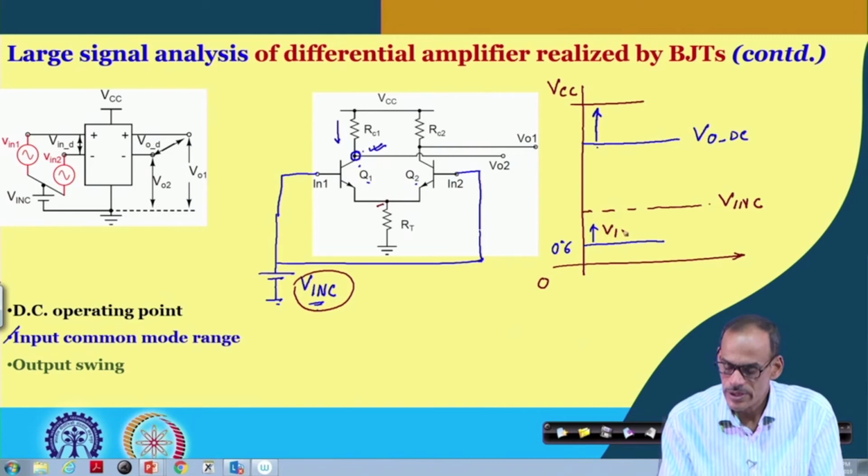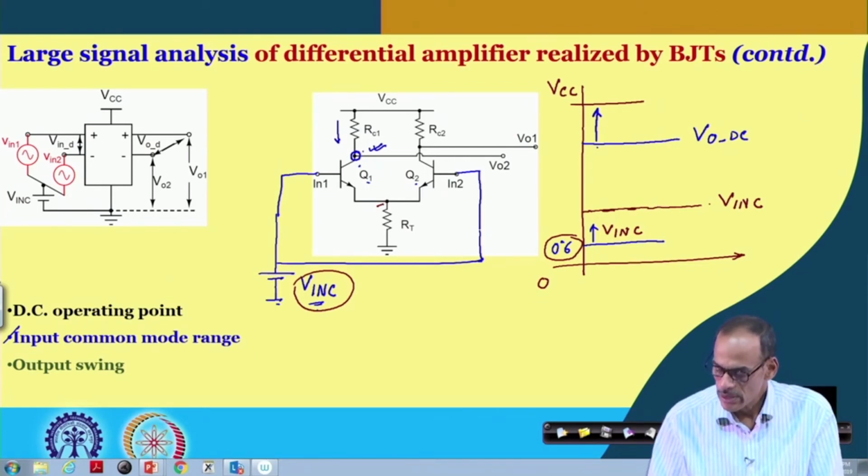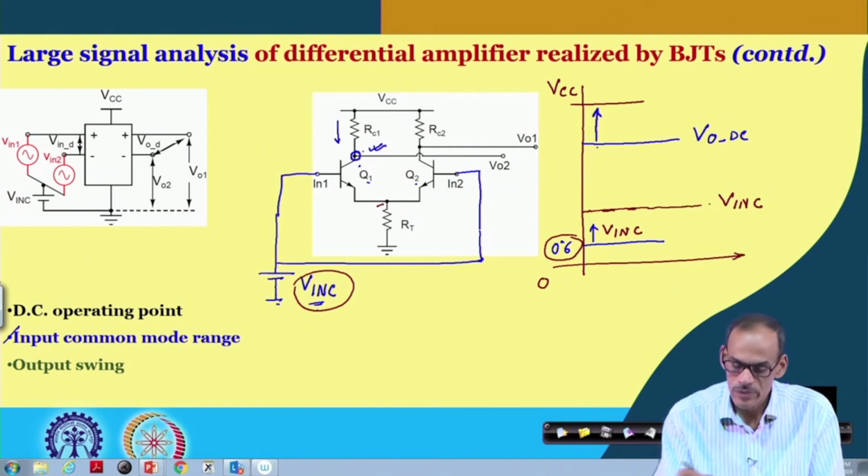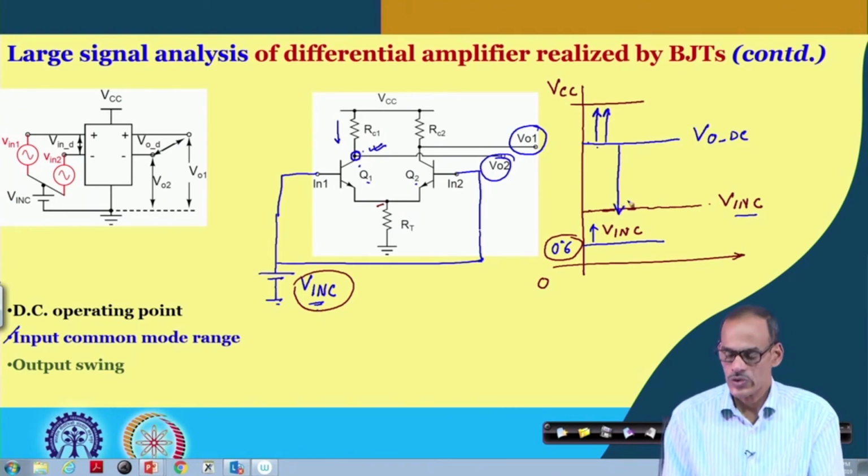So, V in C, we are expecting this should be higher than this lower limit. Suppose this V in C is given to us, then the individual outputs VO1 and VO2, with respect to this DC, can go as high as towards the VCC, or as low as towards the V in C, maybe with a margin of 0.2 or 0.3.